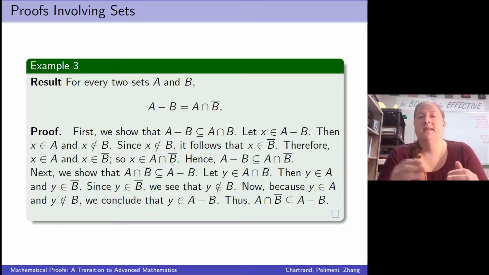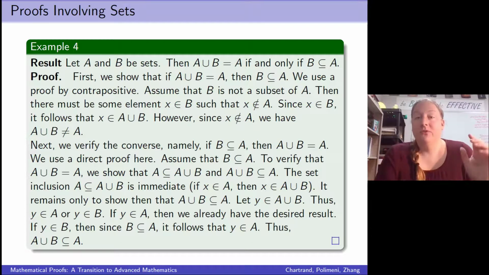Y is in B complement means that Y is not in B. So now I have Y is in A and Y is not in B. And I can use the definition of the difference to say Y is in A minus B. So now I have that A intersect the complement of B is a subset of A minus B. And because I have my two subset inclusions there, I have the equality that I was going for.